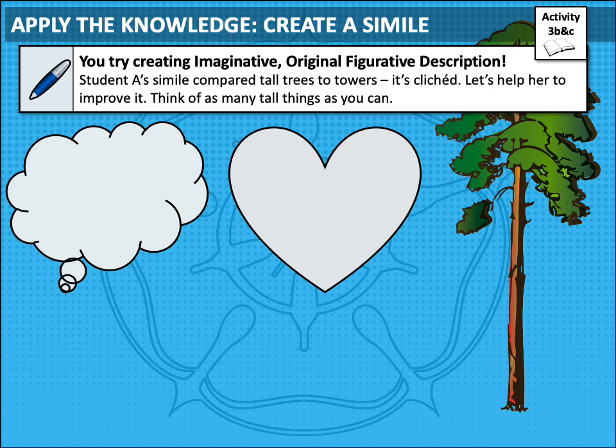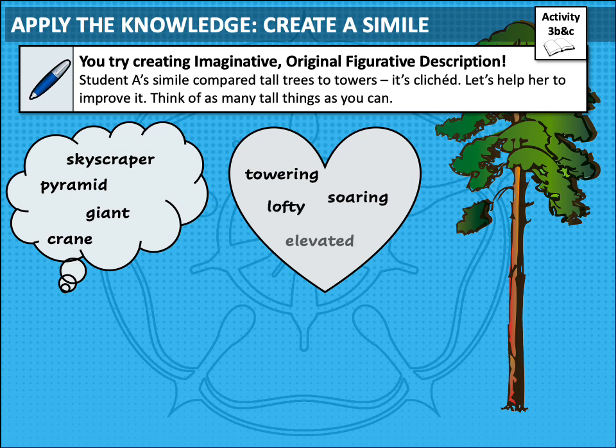Well, let's see what we can do here. Skyscraper is tall, very tall. So are the pyramids of Egypt, a giant, and a crane, which is used for making tall buildings. All good ideas. Better words for tall: towering, soaring, lofty, and elevated.